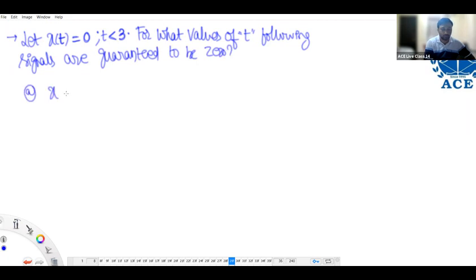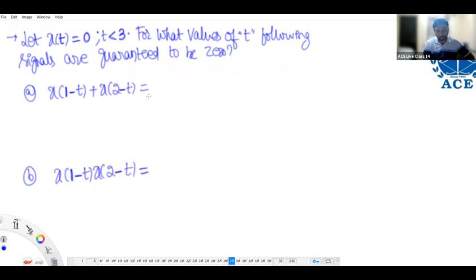If the original signal amplitude is 0 for t less than 3, for what values of time do the addition and product of these signals become 0?